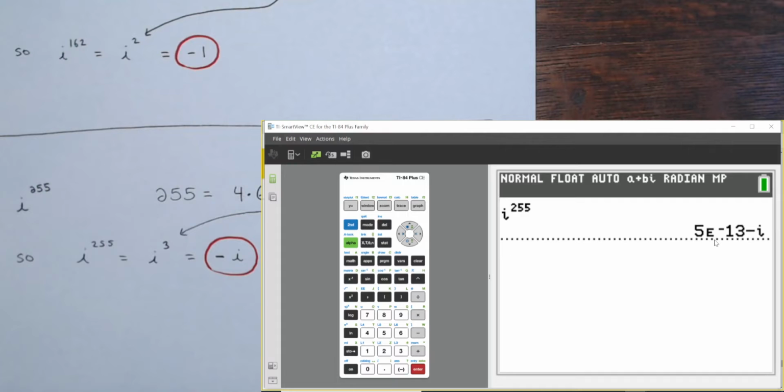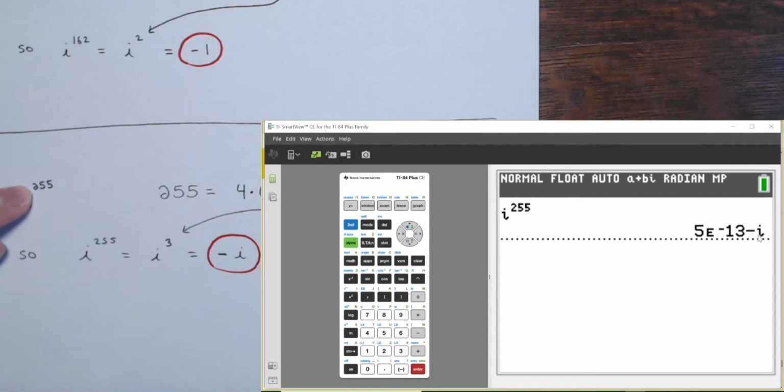That's 0, basically. It's 0.00000, 12 zeros and a 5. Basically nothing. So really this is minus i, as I said. But the issue arises because of this very high power of i there.